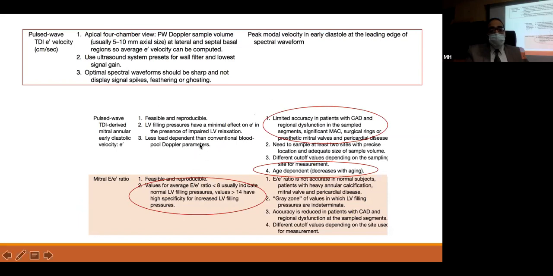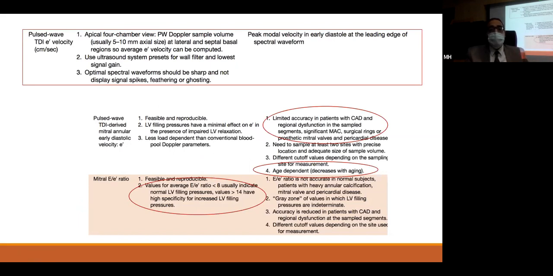This is important, but the tissue Doppler derived mitral annular early diastolic velocity, the E prime, still has some limitations: if the patient has a prosthetic mitral valve, a surgical ring, status post mitral valve repair with a ring in the mitral annulus, significant mitral annular calcification, or coronary artery disease with regional dysfunction in the basal segment related to this annulus.